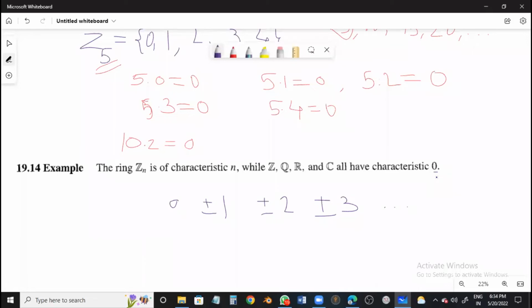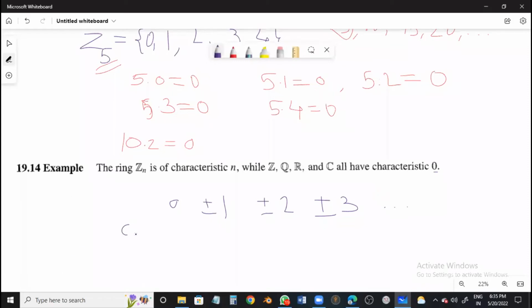The characteristic of integers, rationals, reals, complex, all will be zeros. I hope there is no natural number by which if I multiply all the integers, the answer will be 0. There is no fixed such natural number, and that is why we say characteristic of Z is 0.